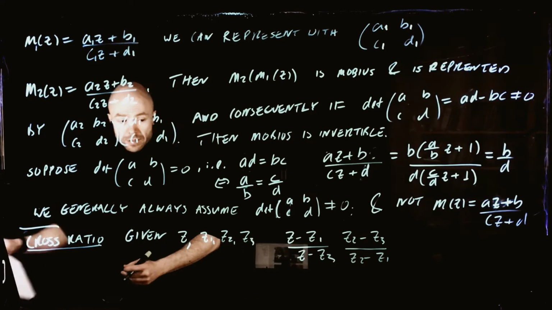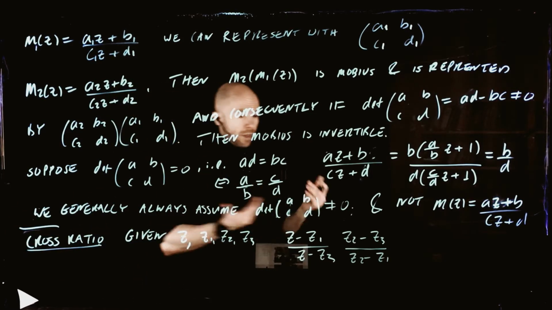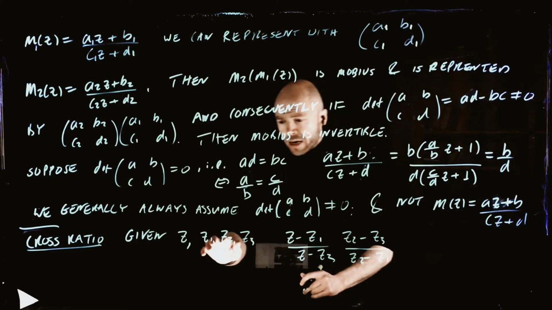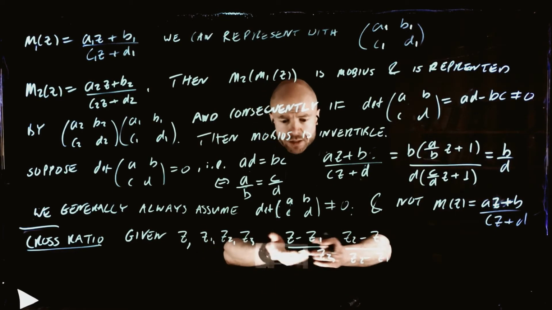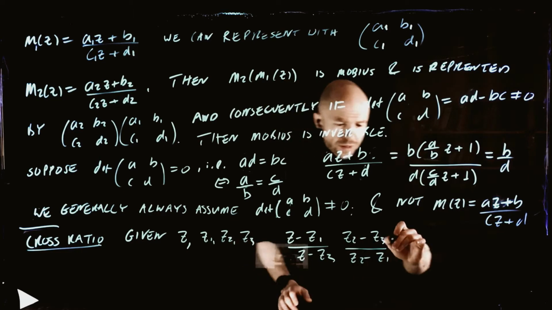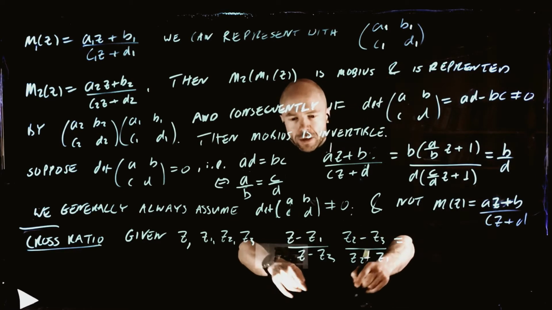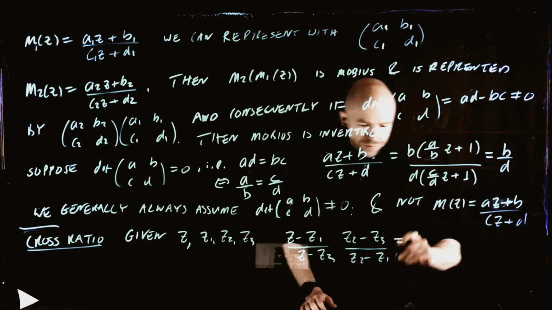Okay, this is a complex number, right? And if we think about Z1, Z2, Z3 as being fixed, and Z as being a variable, we can think about this as being a mapping created out of Z1, Z2, Z3, right? And in fact, a Mobius transform, yeah?